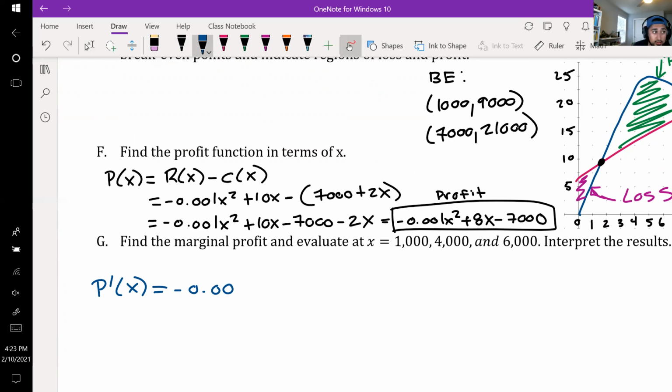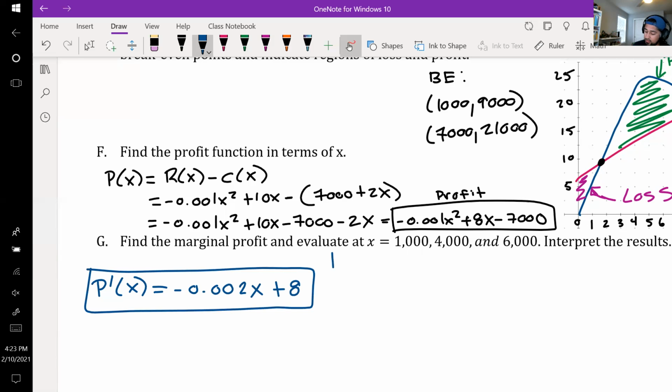It'd be 2 over 1,000, or negative 0.002x, right? Plus, what's the derivative of 8x? 8. And what's the derivative of 7,000? 0. So there it is. There's your marginal profit.